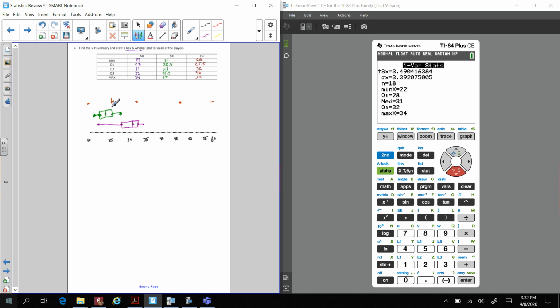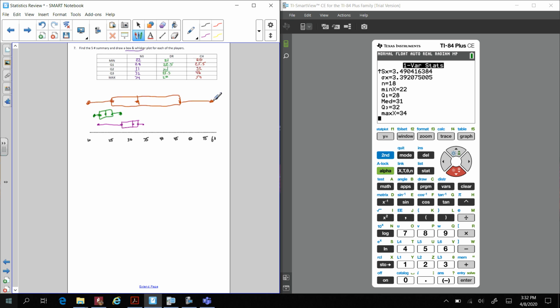So if you look at his box, boom, not a very consistent shooter. He was all over the map. Half the time he was down here, half the time he was up here. Right, he did have some points down here, but he did have potential to go score a lot of points. You know, I don't know who you're picking to be on your team for the NBA Finals.